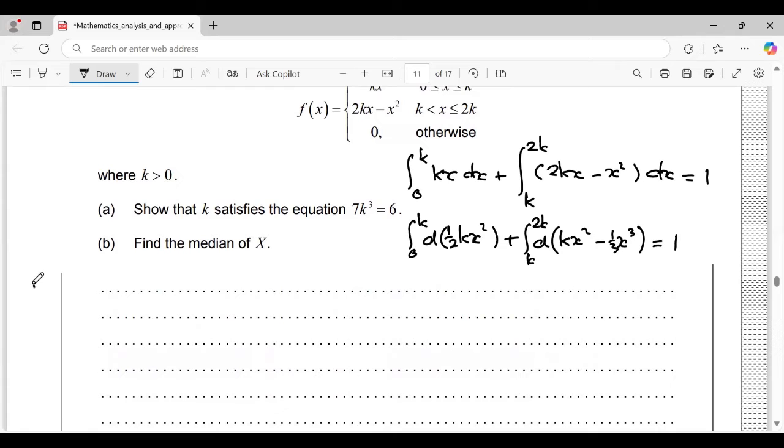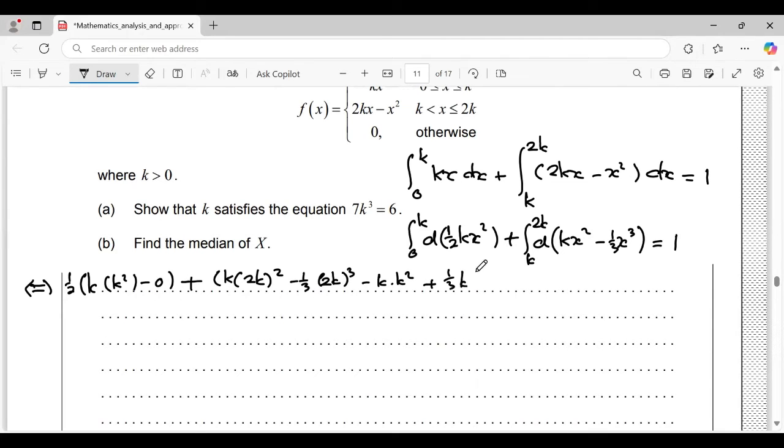Substituting the limits, it is going to be half times k times k squared minus 0, plus k times 2k squared minus 1 over 3 times 2k cubed, minus k squared plus 1 over 3 k cubed, equals 1.